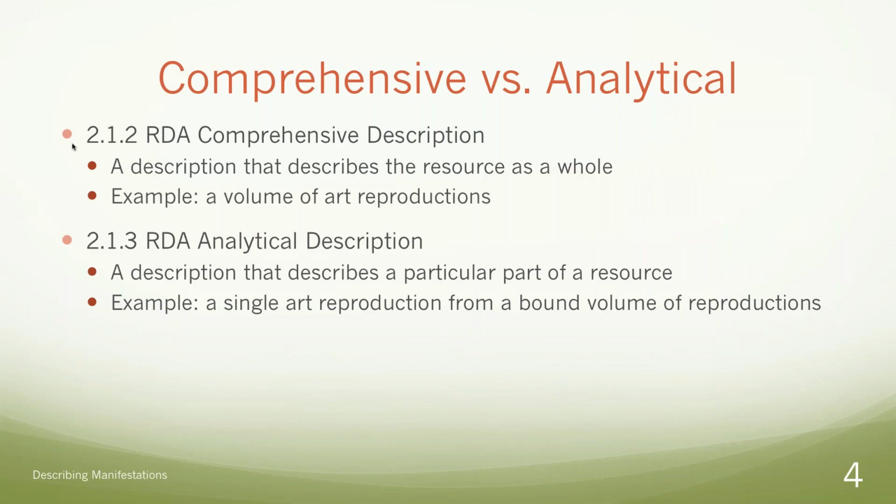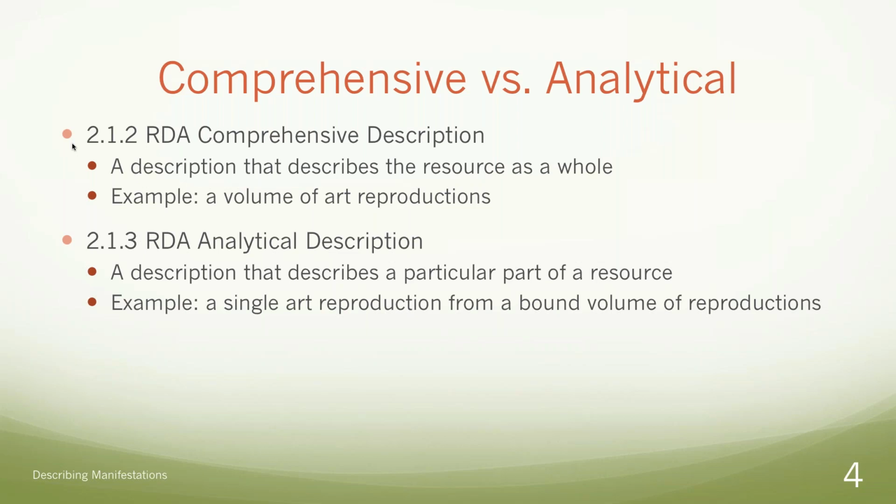When you start to catalog these types of resources, you need to make a decision whether you are doing a comprehensive or analytical description. So a comprehensive description is something that describes the whole resource. And so that might be a book, for example, that is full of images of one particular artist's paintings.